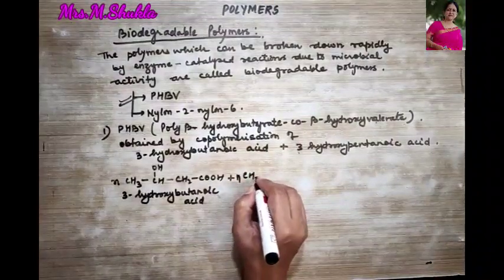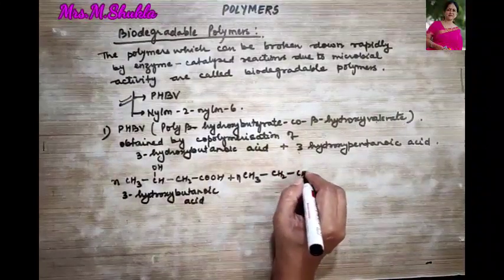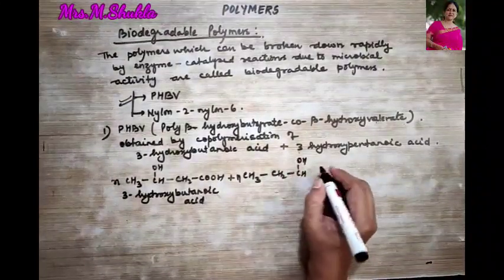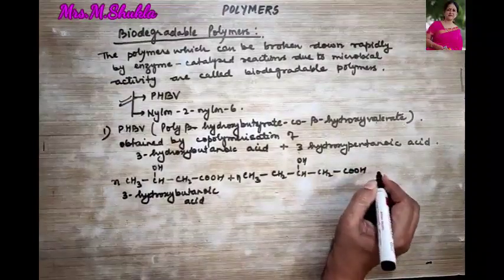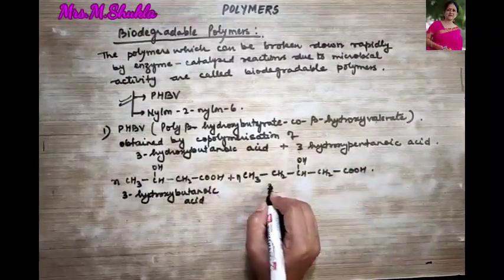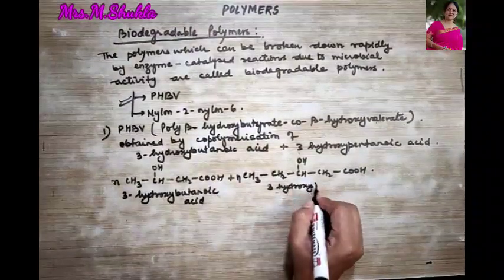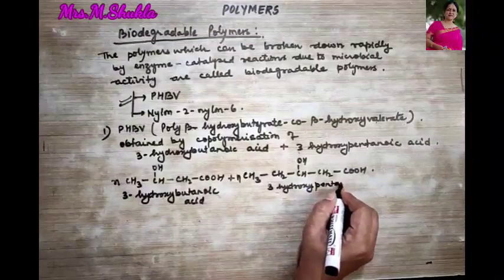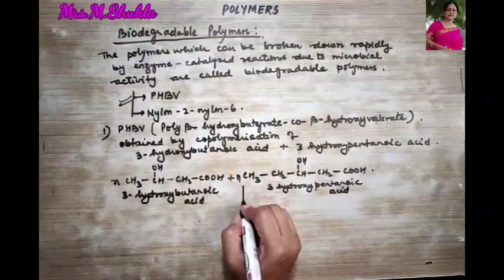This is also n times CH3CH2CHOHCH2COOH. Okay, so this is your 3-hydroxypentanoic acid.